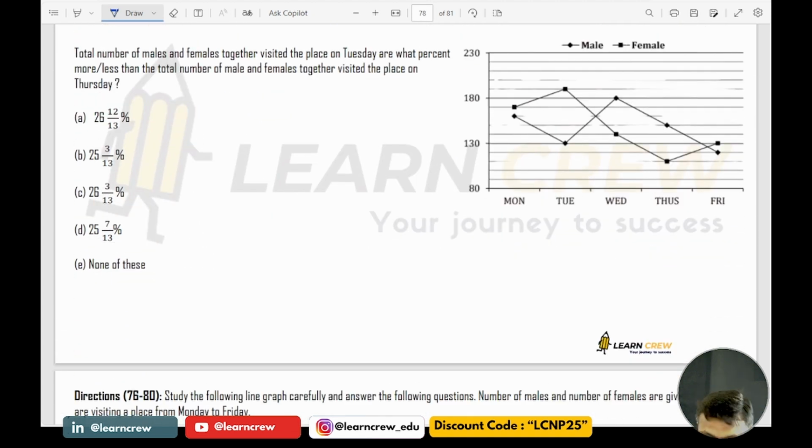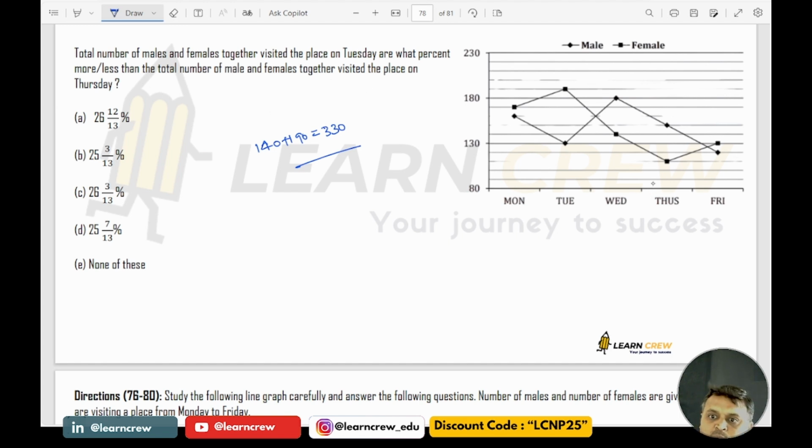Next, total number of males and females together visited the place on Tuesday. On Tuesday is how much? It is 140 plus 190. How much? 140 plus 190 is how much? It is 330. 330 is what percentage more or less than number of males and females together visited on Thursday.